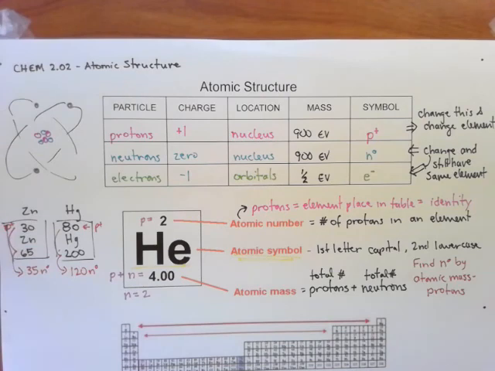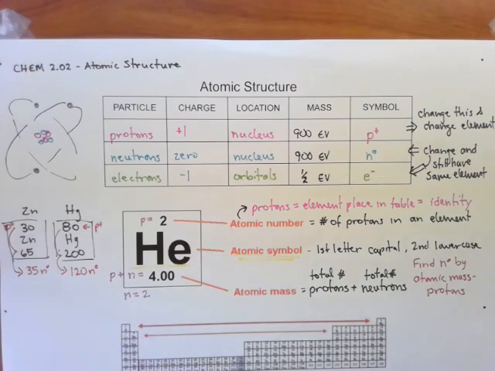Well, wait, don't the protons and neutrons have to be equal? No, they do not. In fact, they rarely are. For the smaller elements, that's more the case, but as we get up into metals and more complicated elements, we do not. So if I take 80 protons plus 120 neutrons, that's going to give me 200. If I take 30 protons plus 35 neutrons, it's going to give me a mass of 65.